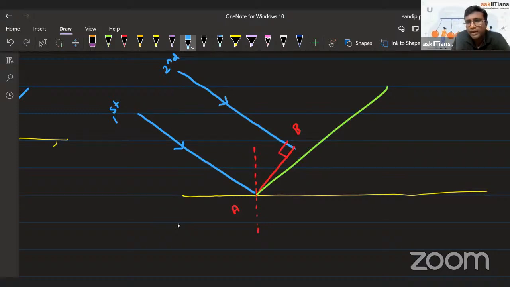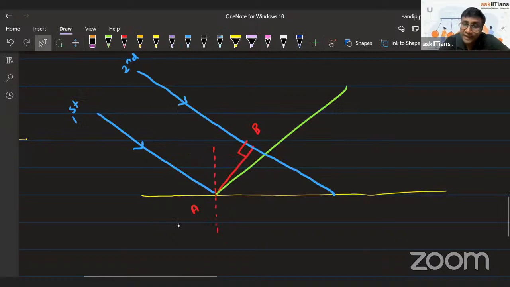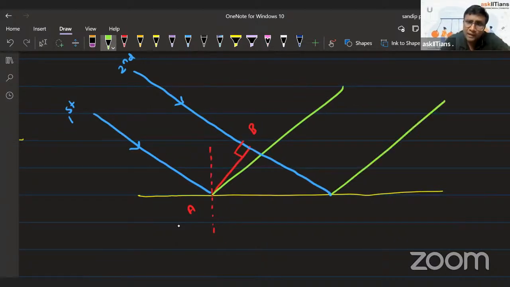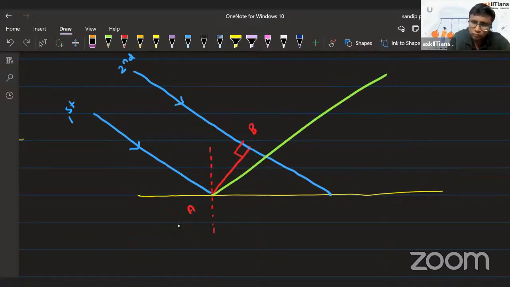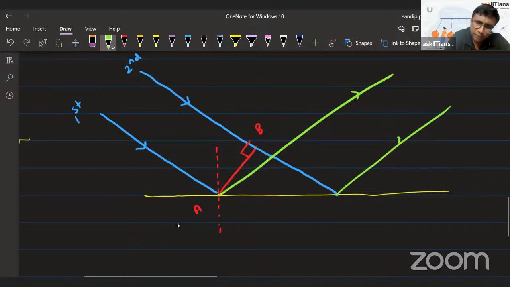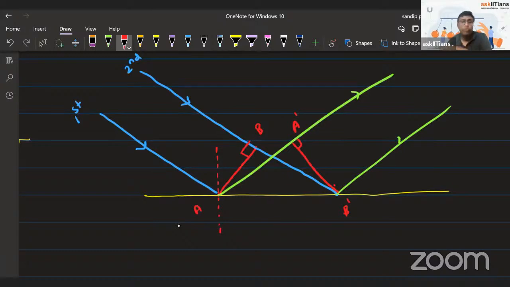So the first beam already got bent because of the reflection, and the second ray will reach here. After that it will reflect, and obviously it will go parallel. If I draw the perpendicular here, let me call this A dash and B dash. This will be the reflected wavefront.